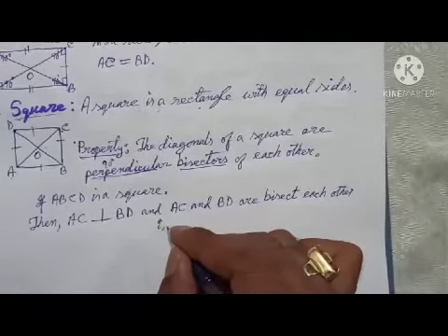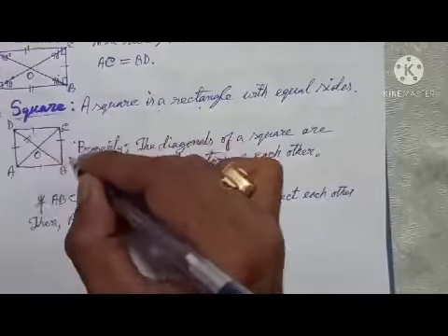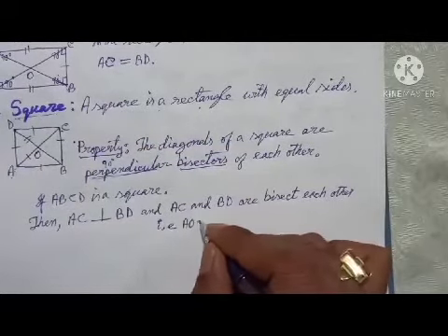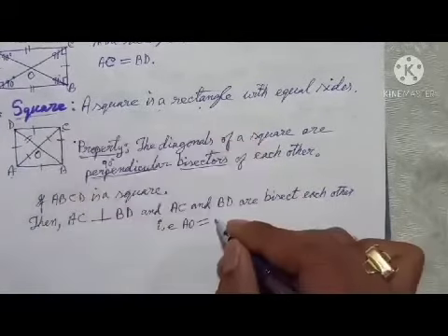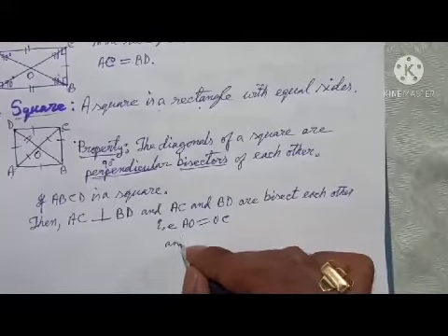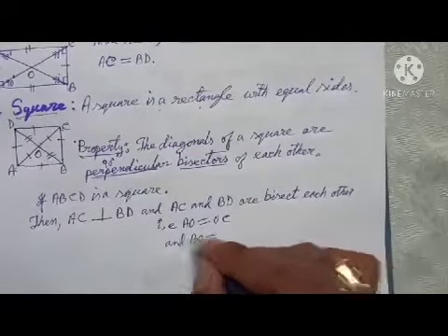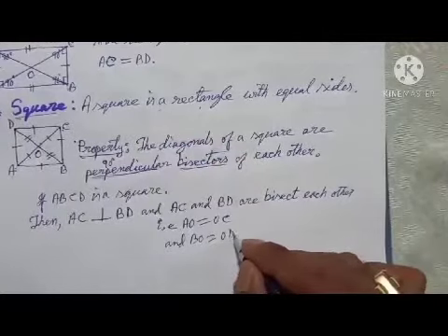That is, AO must be equal to OC, and BO length must be equal to OD.